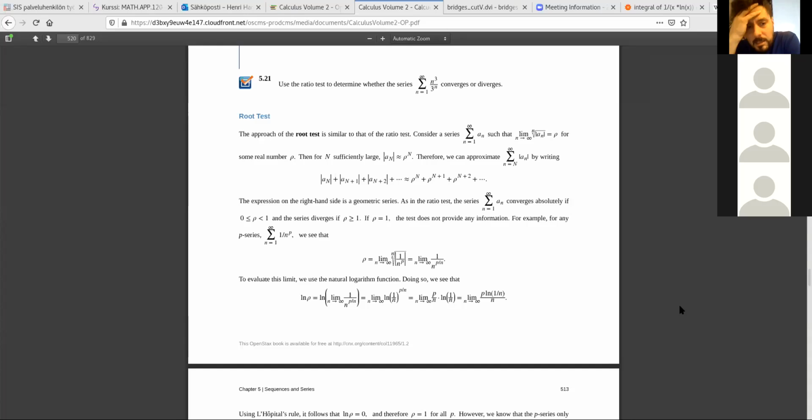Similar to this idea is what we know as the root test. The ratio test was easy to justify using the idea of the geometric series. For the root test, it's not quite as easy to justify.